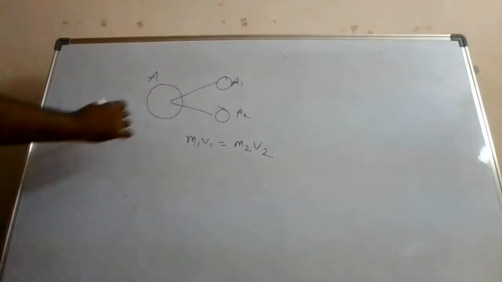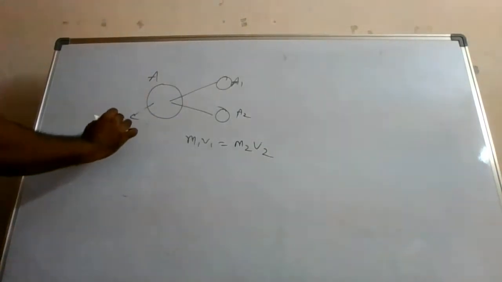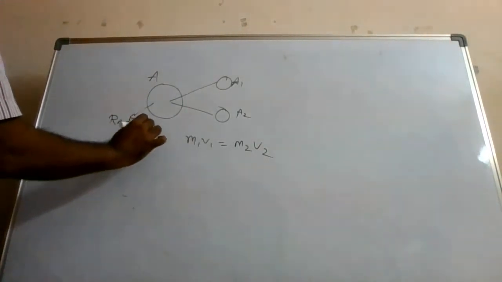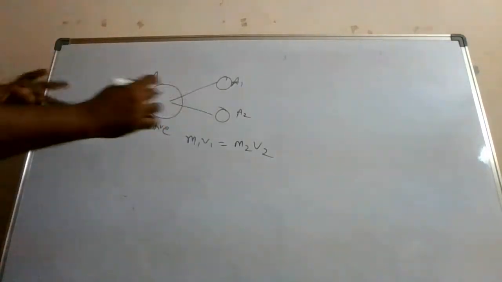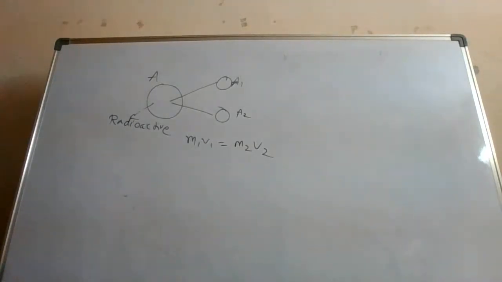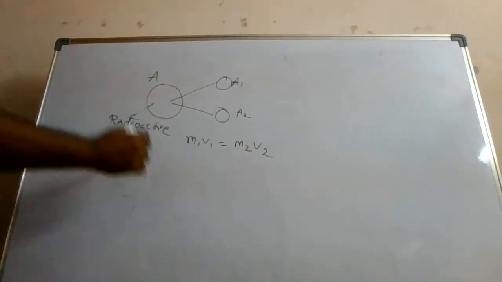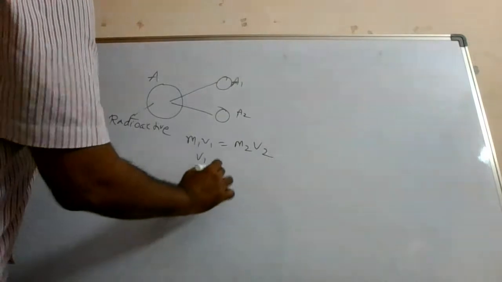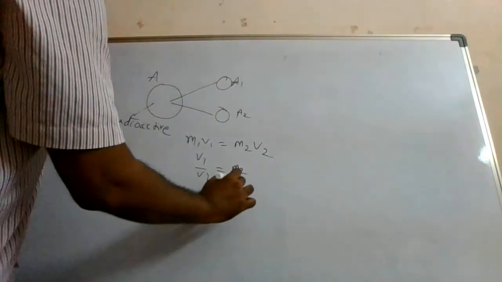This is a bigger nucleus. Usually they are radioactive, and they try to split, they try to break and convert into a more stable nucleus. Alright, so here you are getting V1 by V2 is equal to M2 by M1.